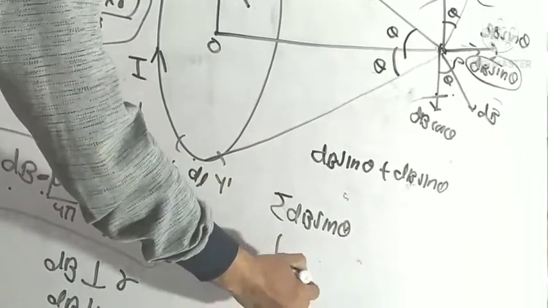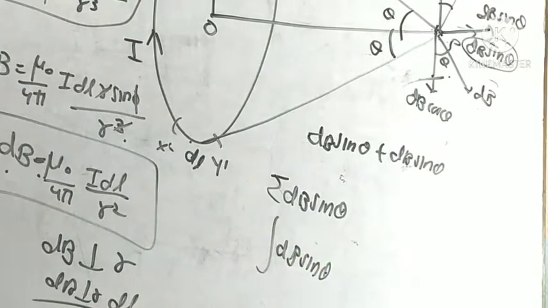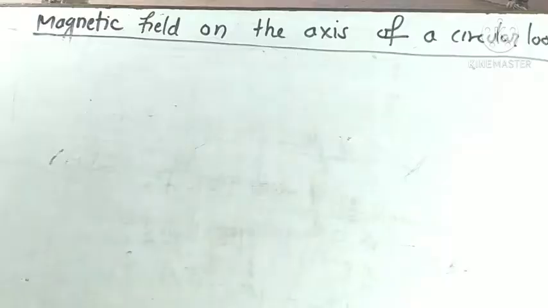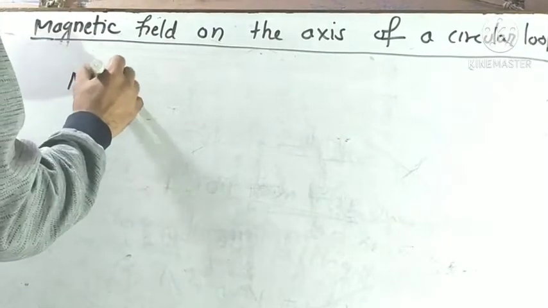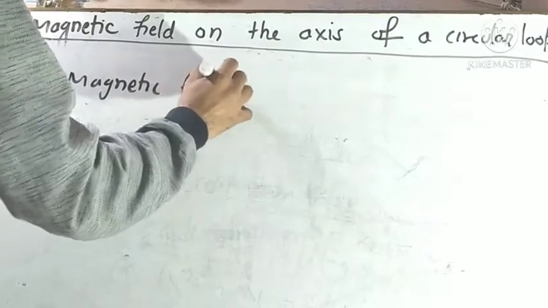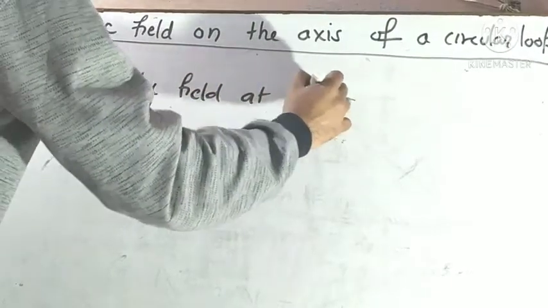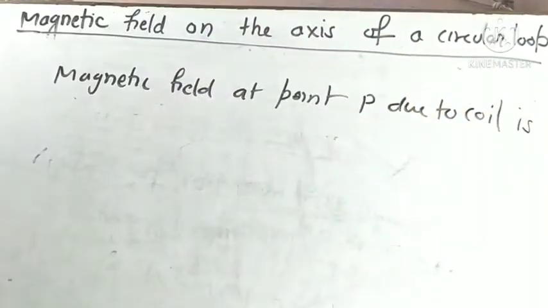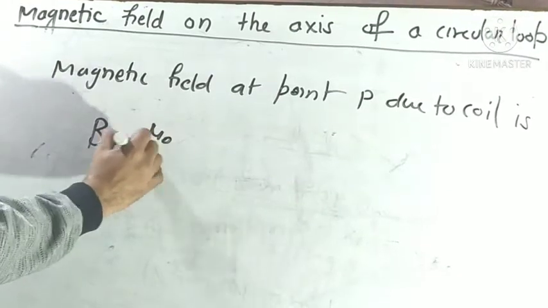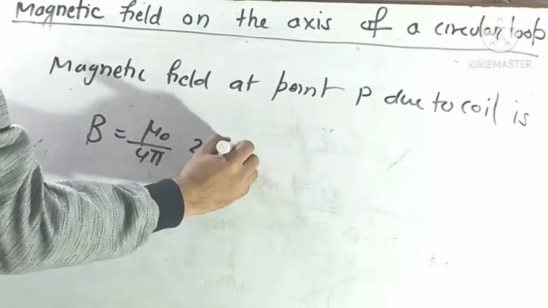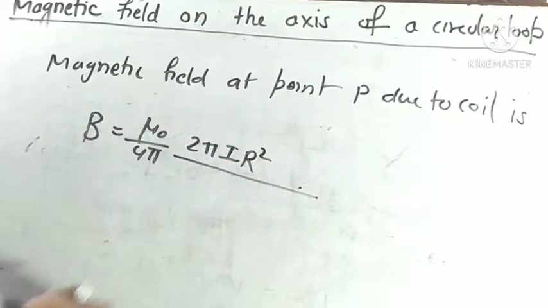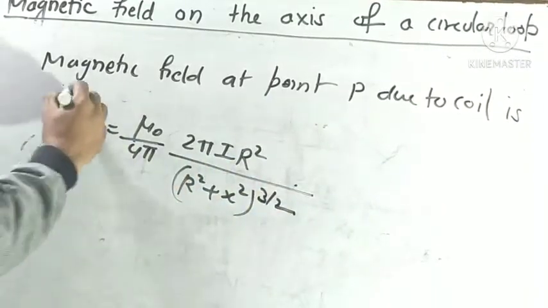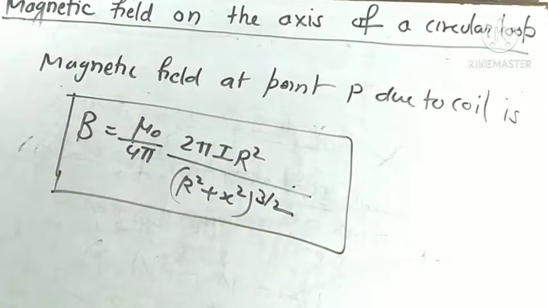After solving it, we got the final result: the magnetic field at point P due to the coil is B equal to mu naught upon 4 pi, 2 pi I R square upon (R square plus X square) to the power 3 upon 2. This is the magnetic field at point P due to the coil.